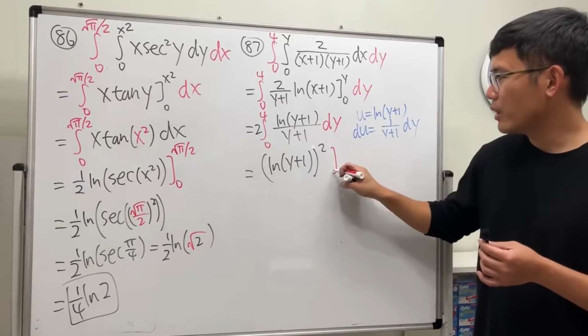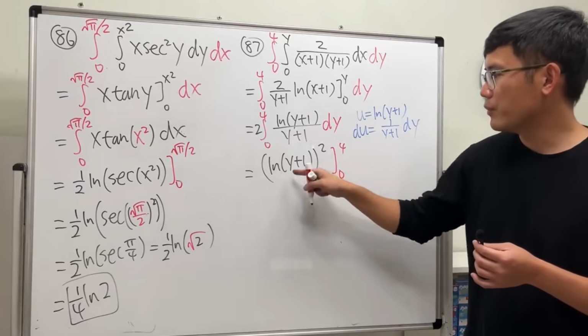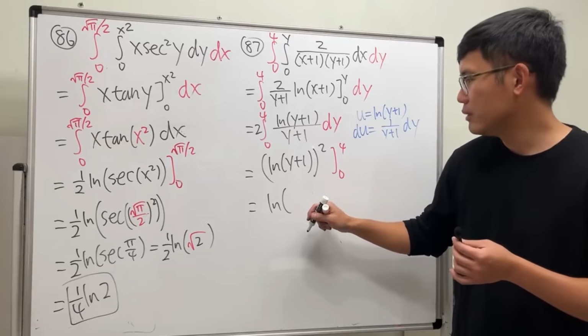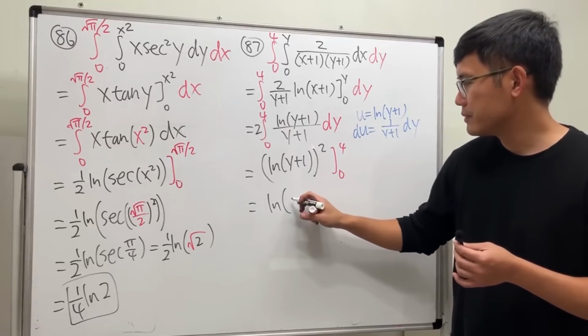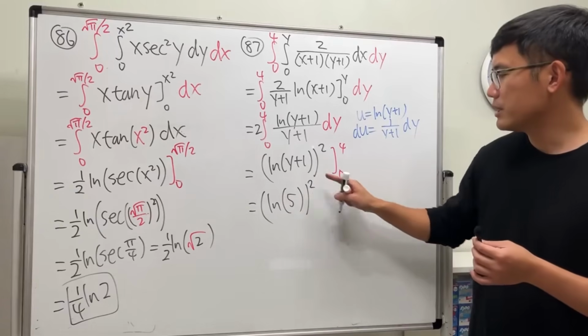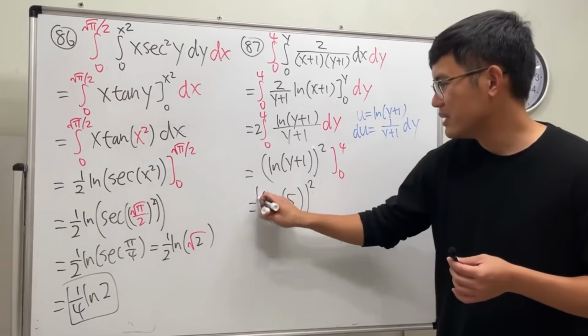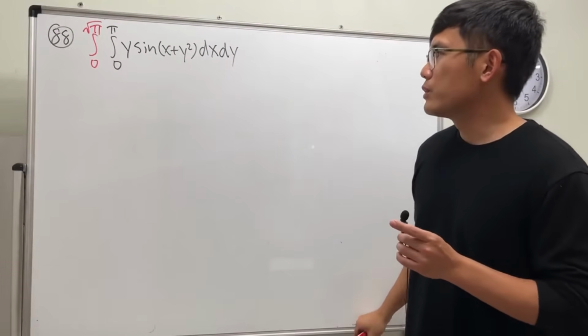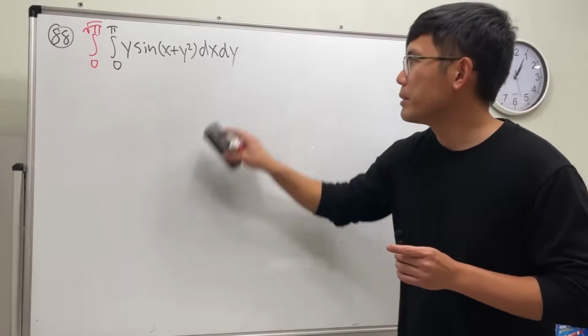And then we go from 0 to 4. So put a 4 in here, we get ln of 5. And then square, put a 0 in there, it's just nothing. So ln 5 squared.